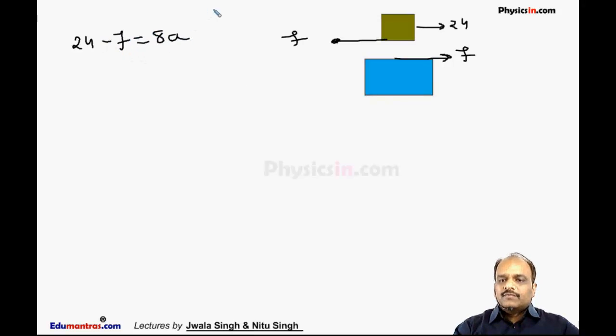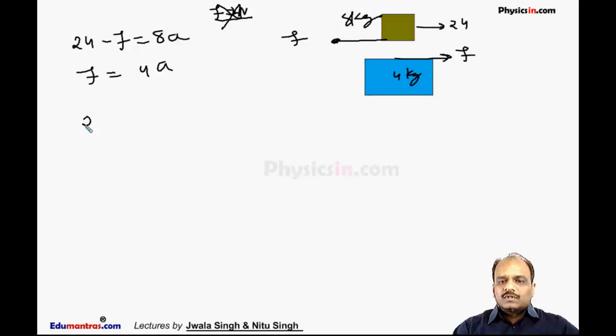We can never say F is equal to mu times normal reaction, because this is not the limiting friction, this is static friction. Now we can say friction is also equal to 4 into a. This friction is moving the 4 kg block as well as the 8 kg block.